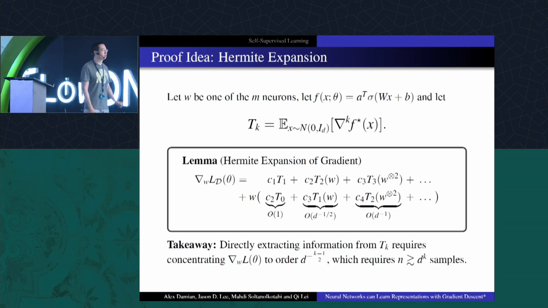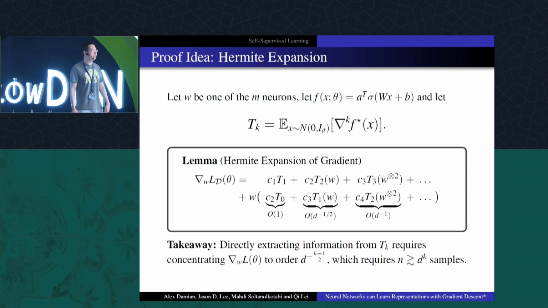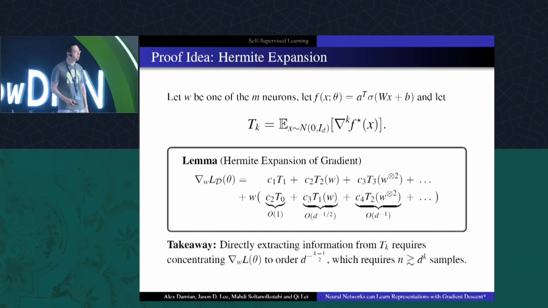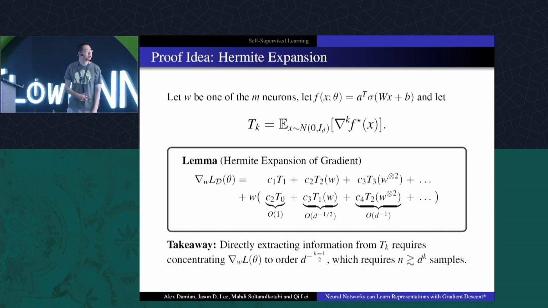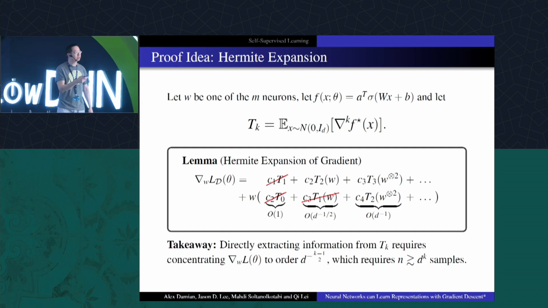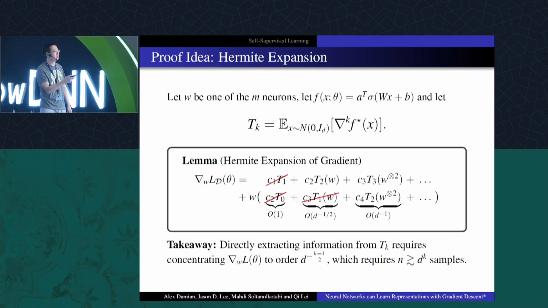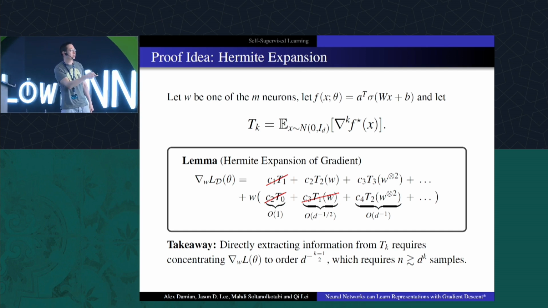Okay, so we're going to Hermite expand the gradient. And I've written the Hermite expansion here. This is just a calculation. But what's important is what you're left with is these terms here. These terms disappear because they turn out not to matter, since I do this linear regression pre-processing step, and so I just remove them.